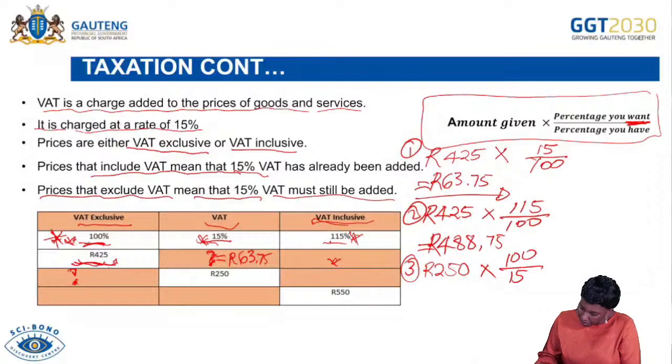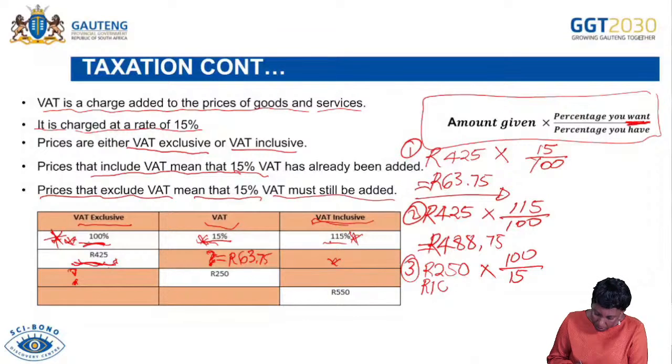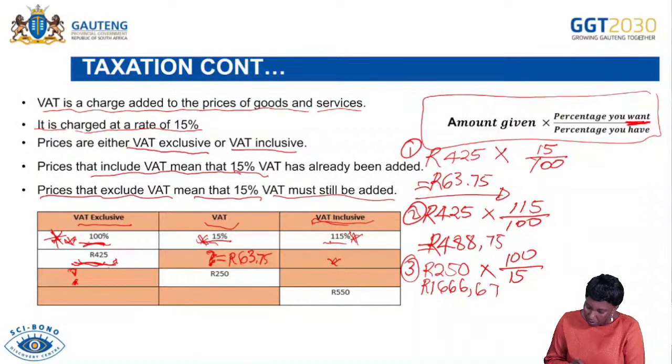It will give me this amount, 1,666 rand 67. Boys and girls, why am I rounding to 2 decimal places? As you can see, when you punch your calculator, it will be 1,666 rand 66,667.